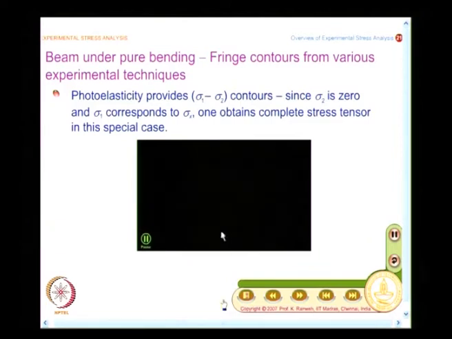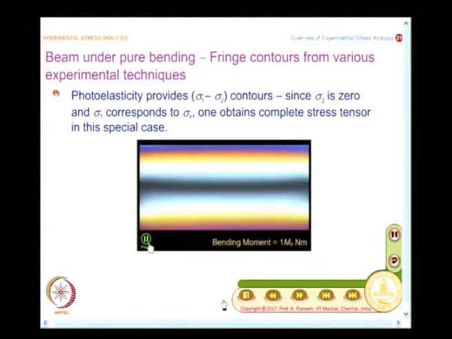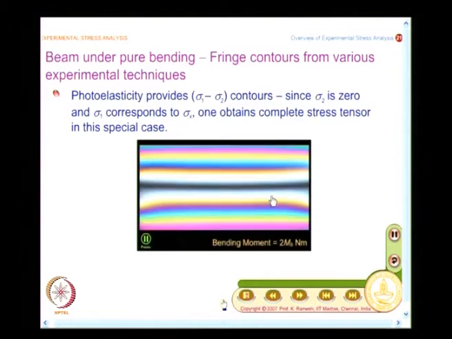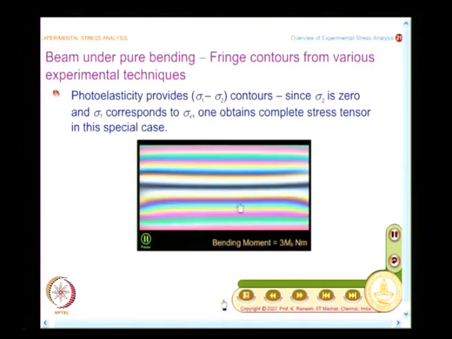I have increased the load in steps of 1, and you find this is fringe order 0, fringe order 1 at the bottom, and when I double the load, I see the fringes doubled. So it is a function of load, and I can also label them. When I triple the load, the fringes increase from 0 to 3 on either side.